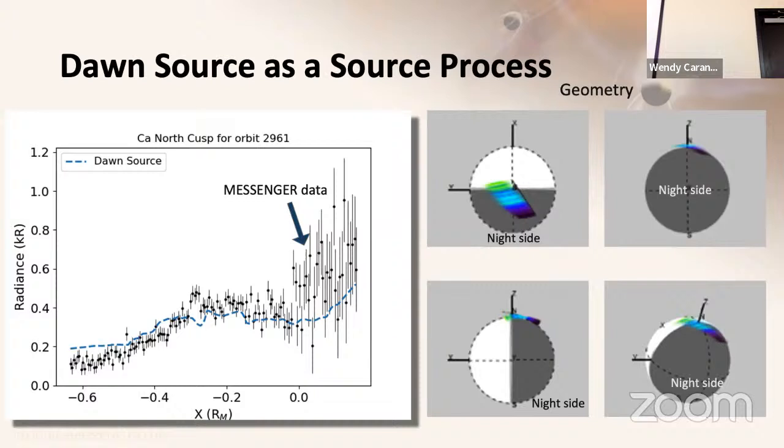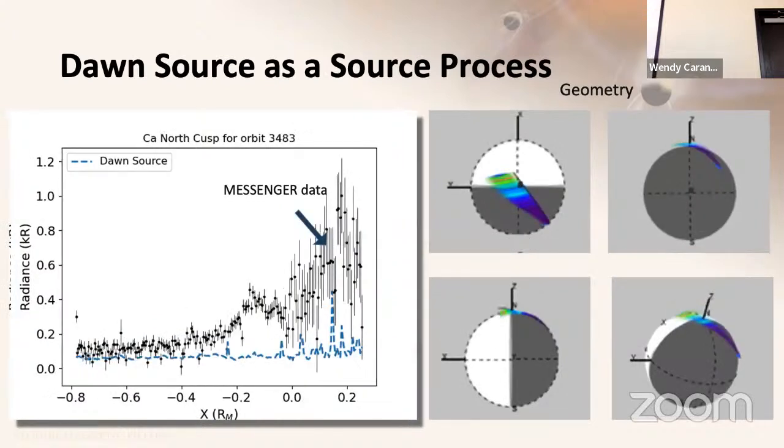Interestingly enough, our results are implying that while the dawn source does match the shape, it doesn't necessarily get to those high amounts of radiance that the actual MESSENGER data gets to. That's not just the case with this orbit. We also looked at a few other orbits. This is 3,483. We see a different case. Again, it doesn't go up to the radiance that the MESSENGER data did, but it doesn't even match the shape this time.